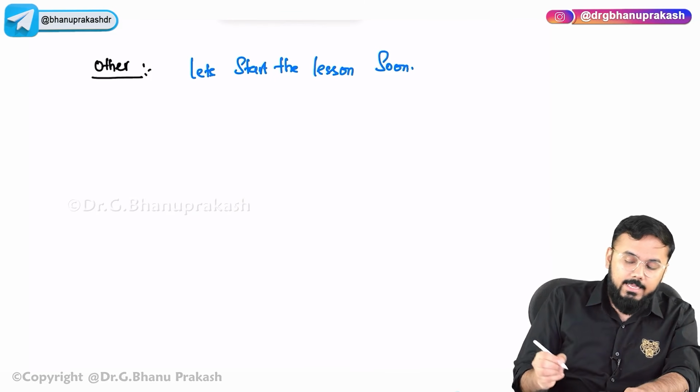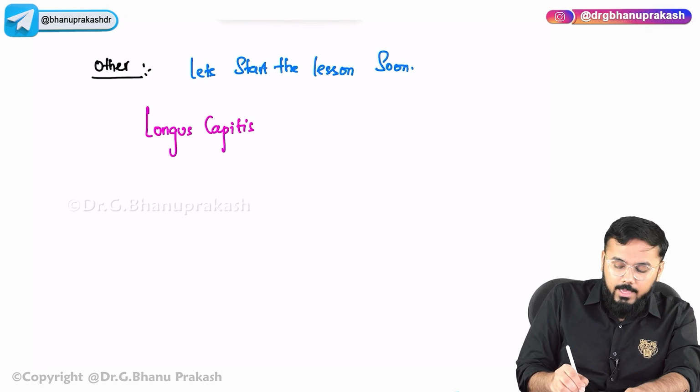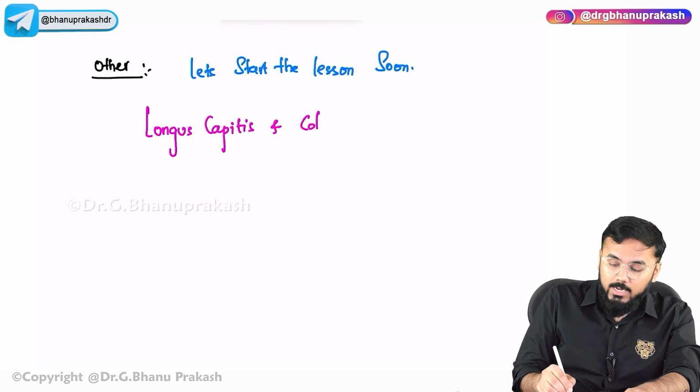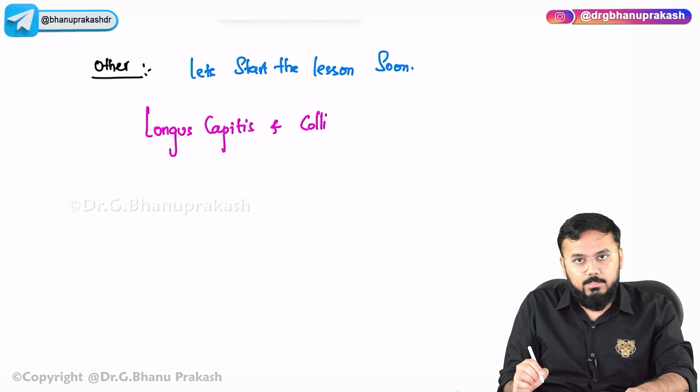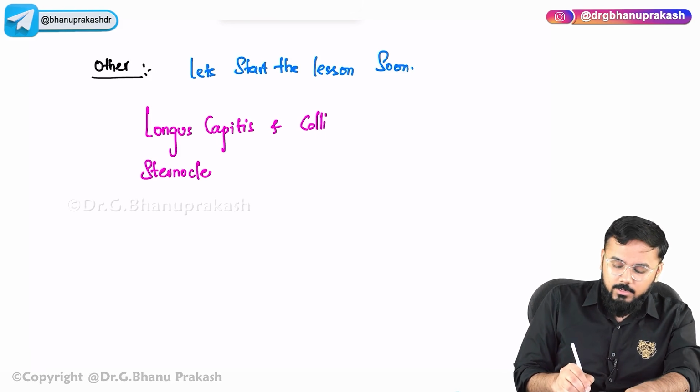So what does L stand for? Longus capitis. The muscles are longus capitis and longus colli. S stands for sternocleidomastoid muscle.